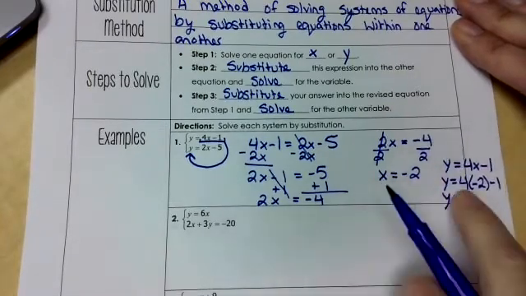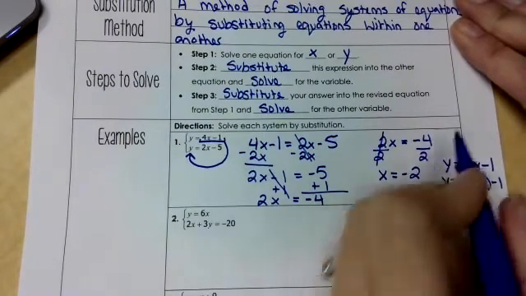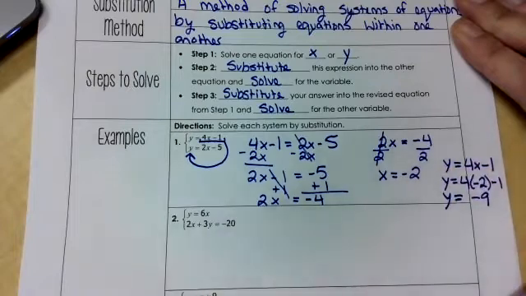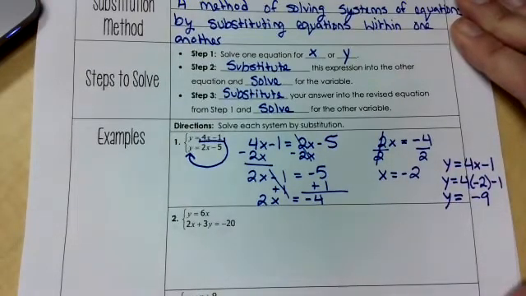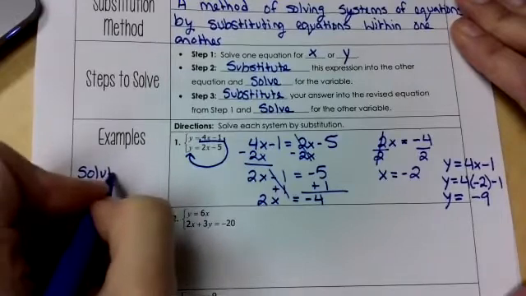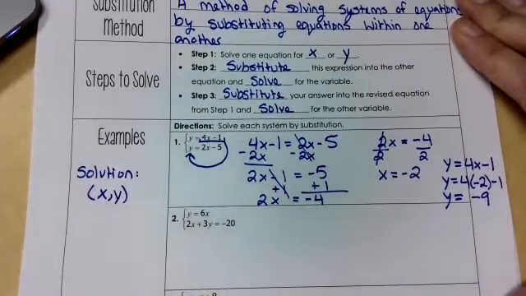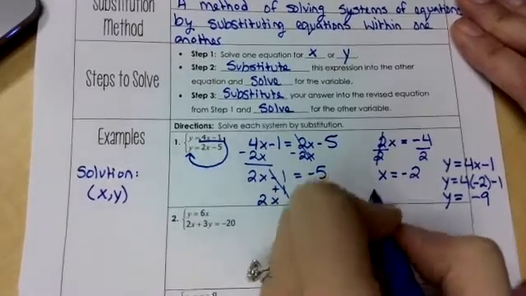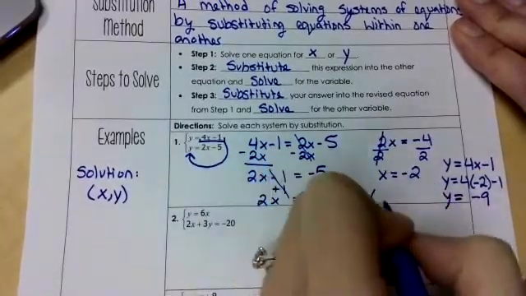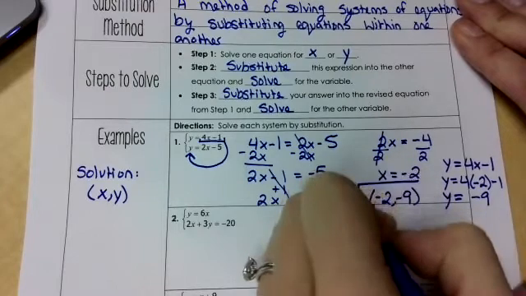Y equals 4 times -2 gives me a -8. -8 minus 1 is a -9. So my solution is always in a coordinate form. It's in an XY form, and we can write that down. So solution is always going to be an XY. It's always going to be a coordinate. So I'm going to put together my x and y to form my coordinate -2, -9.